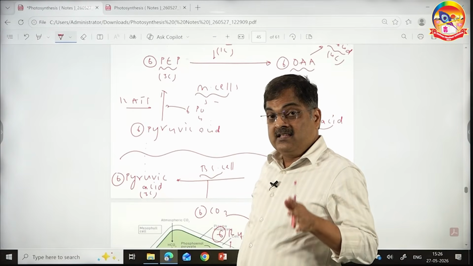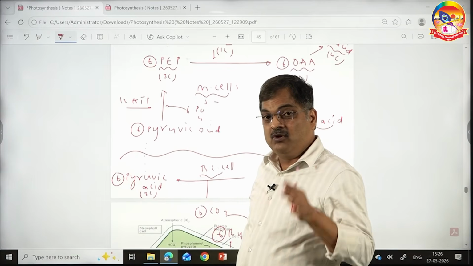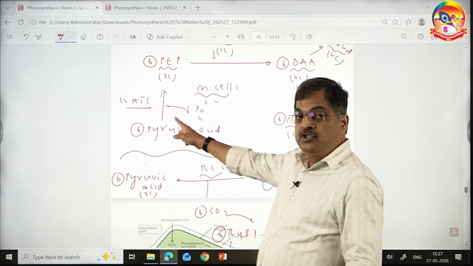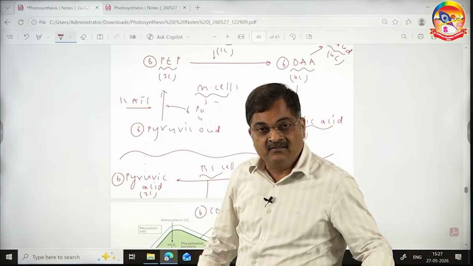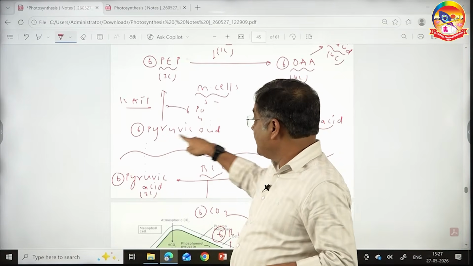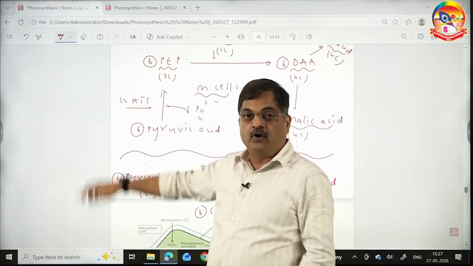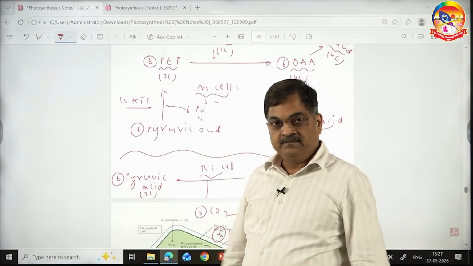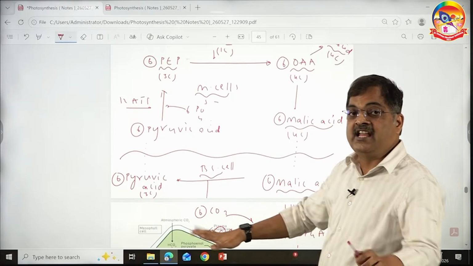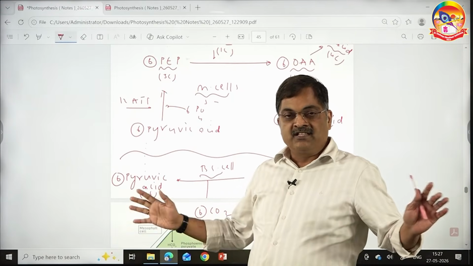ATP here is acting as an energy donor, not a phosphate donor. Did all of you understand this? 2 molecules of ATP first break, liberate energy, and that energy adds 1 inorganic phosphate to pyruvic acid to form phosphoenol pyruvic acid. Finished. How many ATP needed here? 12 here, 18 here. Total 30 ATP are needed in the entire C4 pathway.